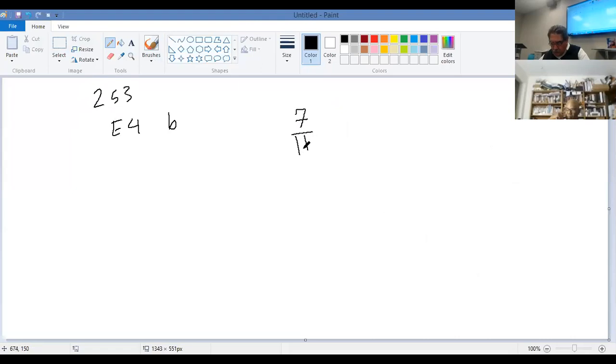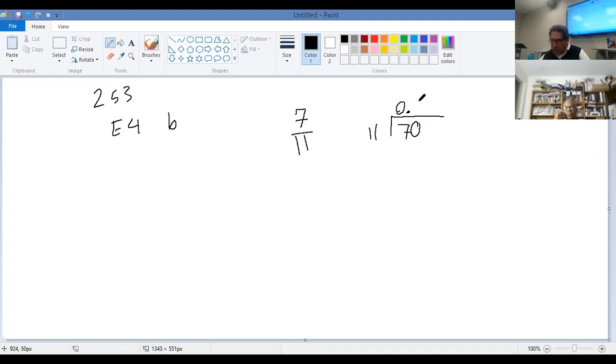It says write it as a decimal. So you want to divide 7 by 11. Now 7 is smaller than 11, so you have to put 0 and a decimal point here, and then you can put a 0 here, all right?